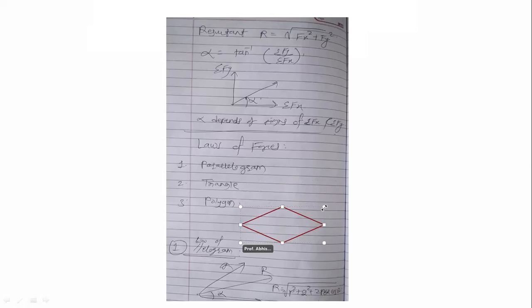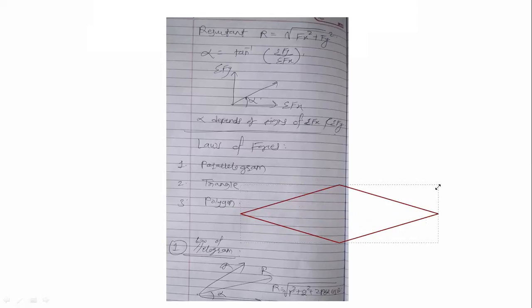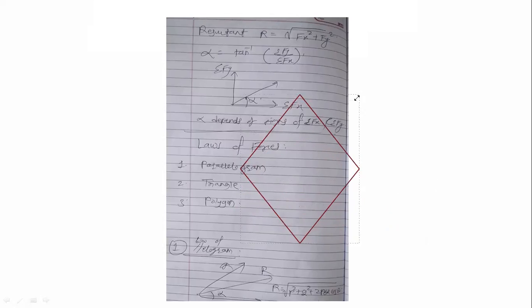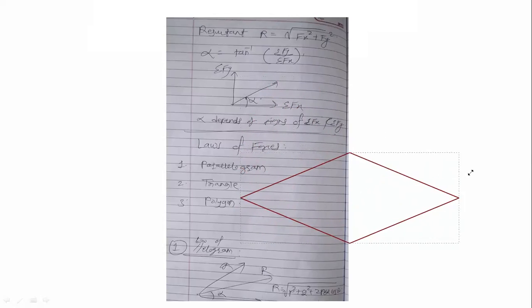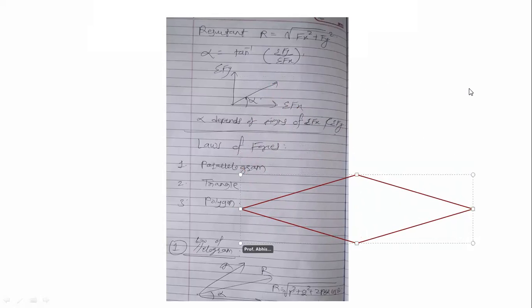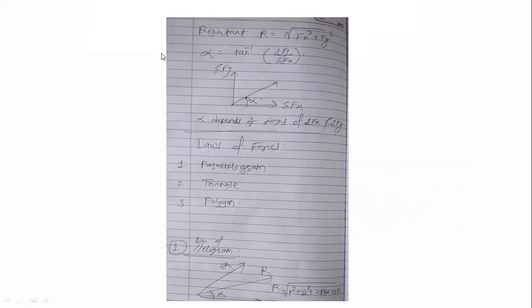The two opposite sides are the same and the angles are not right angles. So this is a parallelogram. You can see this type of parallelogram. Now you can see here it has been drawn.